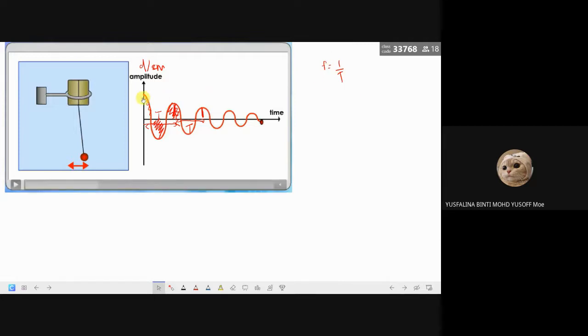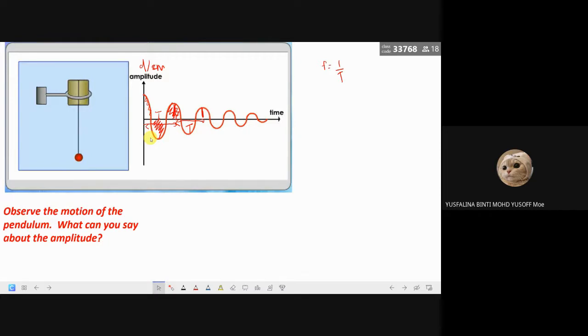The only thing that changes is the amplitude, or sometimes they put energy instead. Energy is the same as the amplitude. You can see the distance now becomes shorter, so the amplitude also decreases, until it stops oscillating.